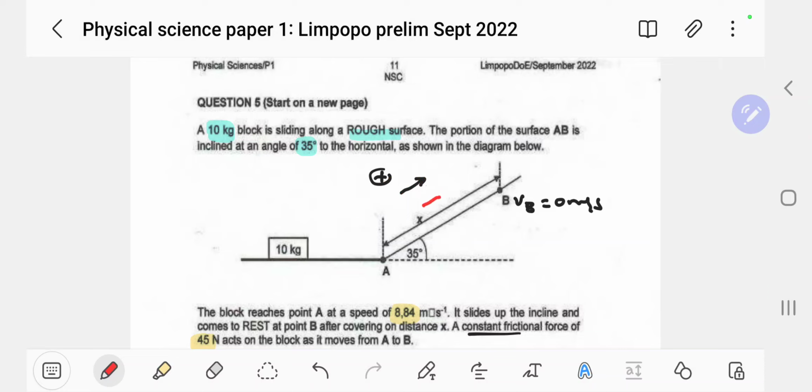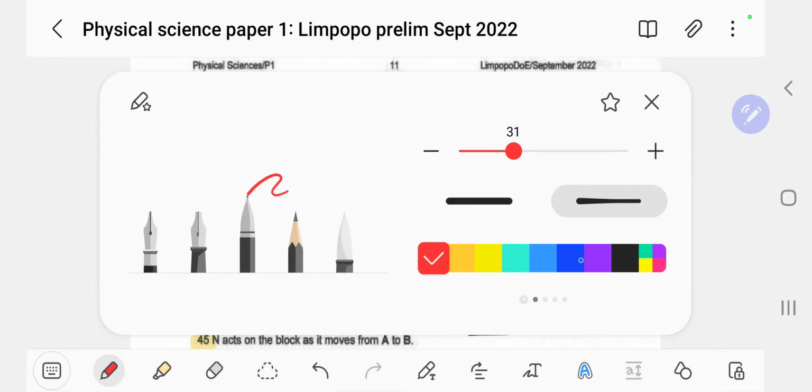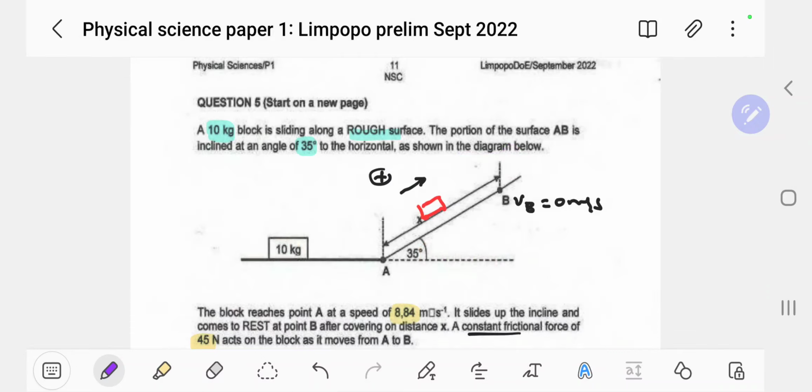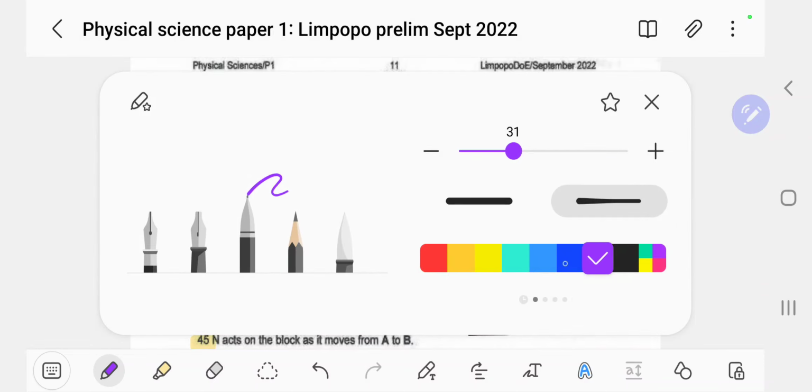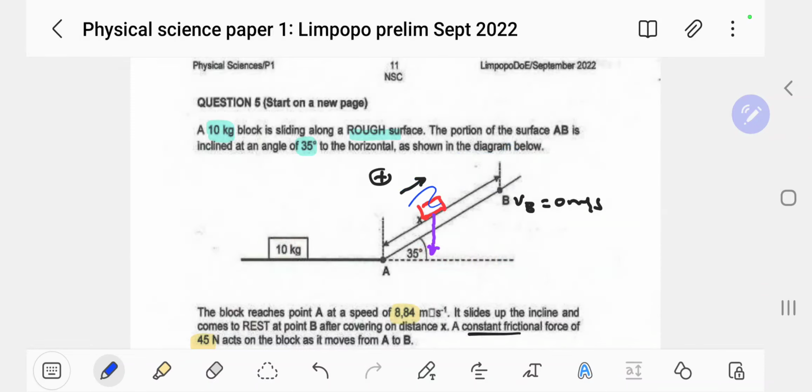So if we have our box here, we will have a few forces doing their thing. First of all, we will have the weight straight down, and then the weight will resolve into its components, which are going to be Fg parallel, and it's also going to give us Fg perpendicular.